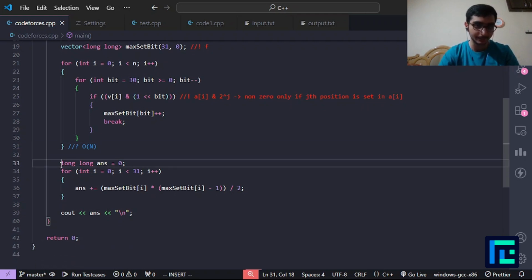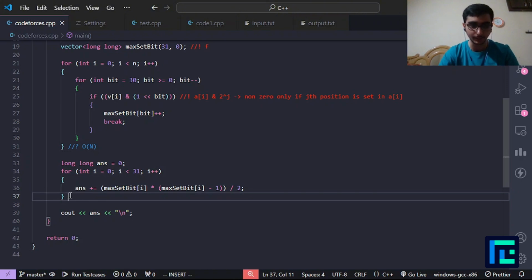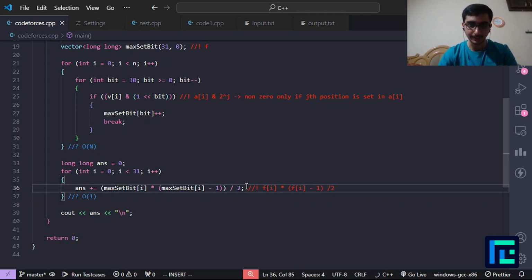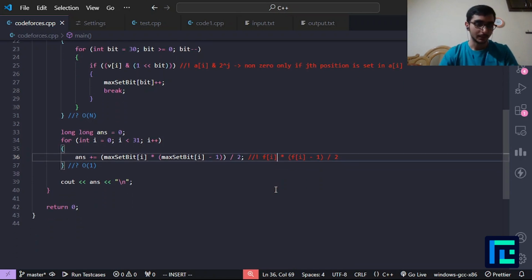And then again, this is simply an O(30) loop, or you can also write it as an O(1) loop, because O(30) is constant, where I'm just adding max set bit of i into max set bit of i minus 1 by 2, which, if I refer to my explanation, is f[i] into (f[i] minus 1) by 2, and this will tell me the number of pairs such that both the values in that pair have the ith bit as their MSB. And now I just return my answer.